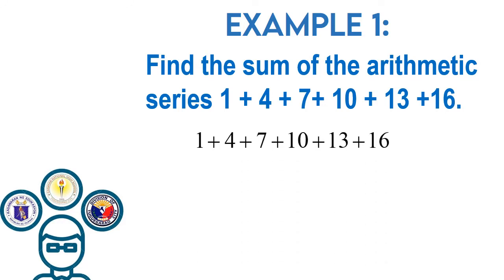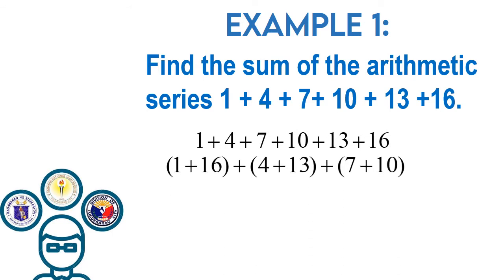The addends, class, can be rewritten in such a way that the first and last terms are grouped together, the second and the second to the last terms are grouped, and the third and fourth terms also go together. If we add the group terms, we have 17 plus 17 plus 17, or 3 times 17, which gives us the sum of 51.